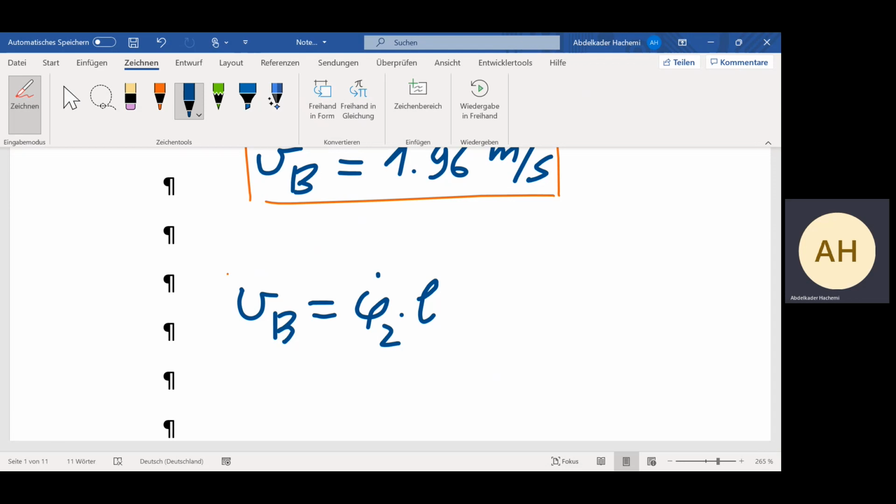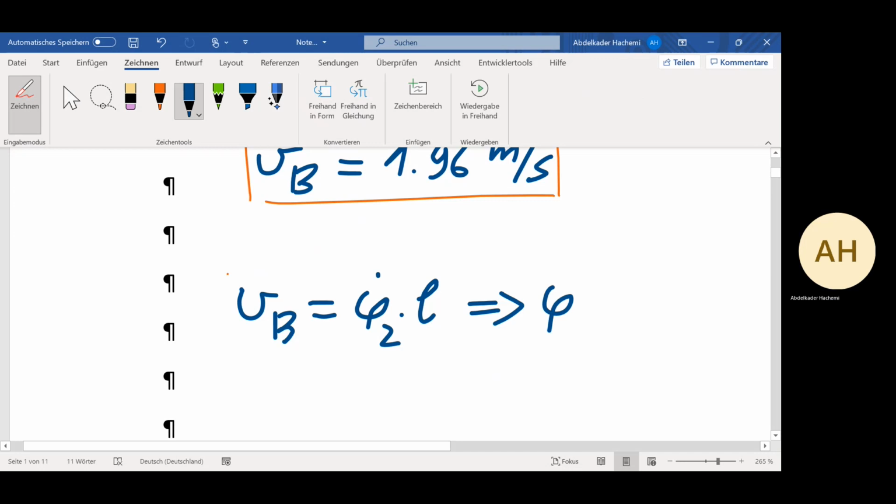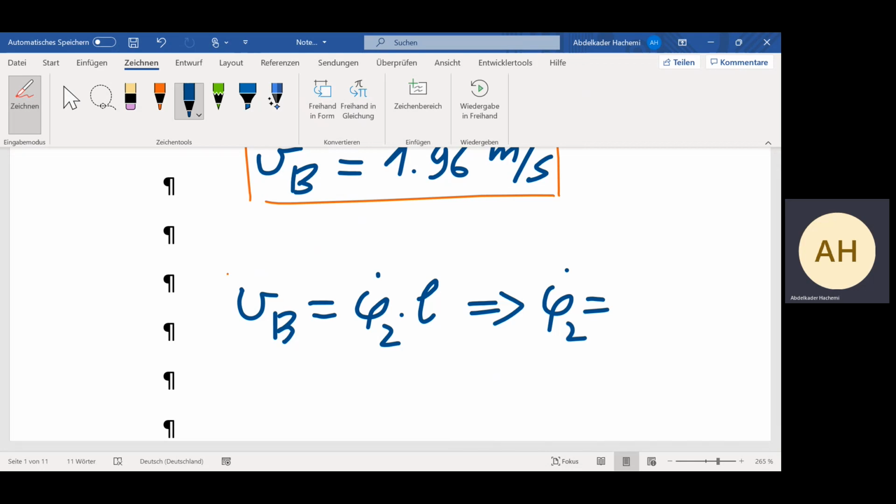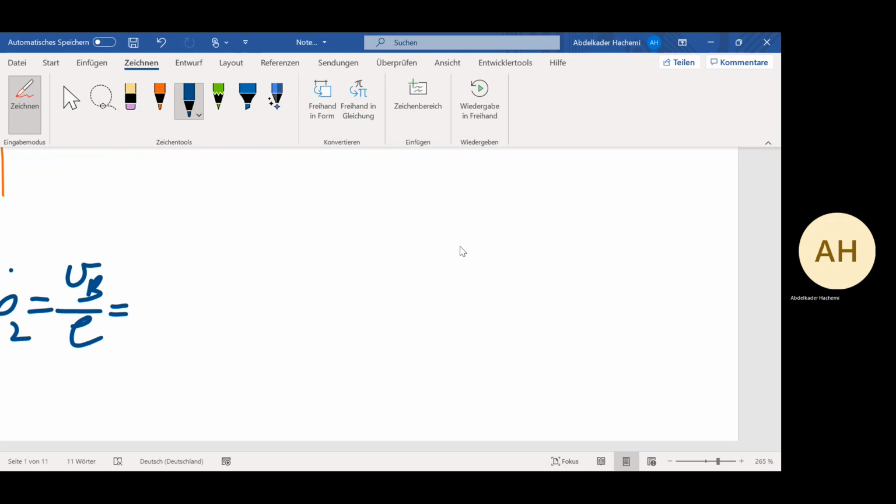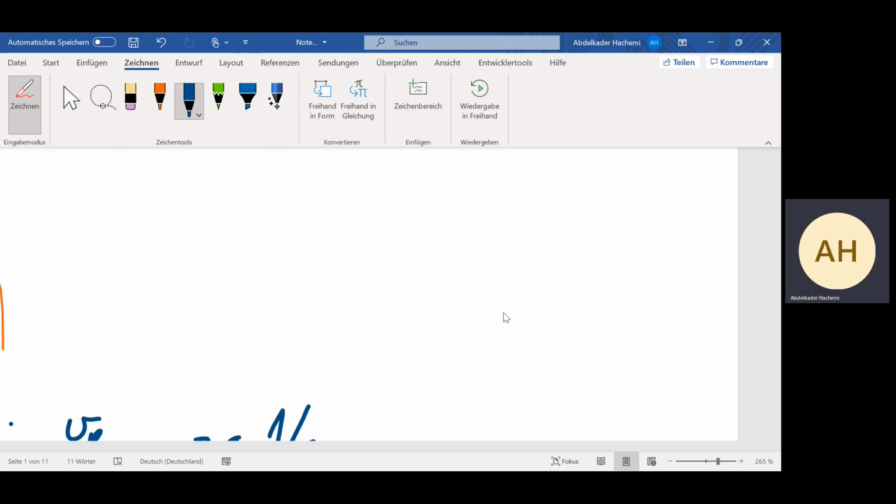Then phi dot 2, which means omega 2, is only VB divided by L, and this gives 0.39 1 divided per second.